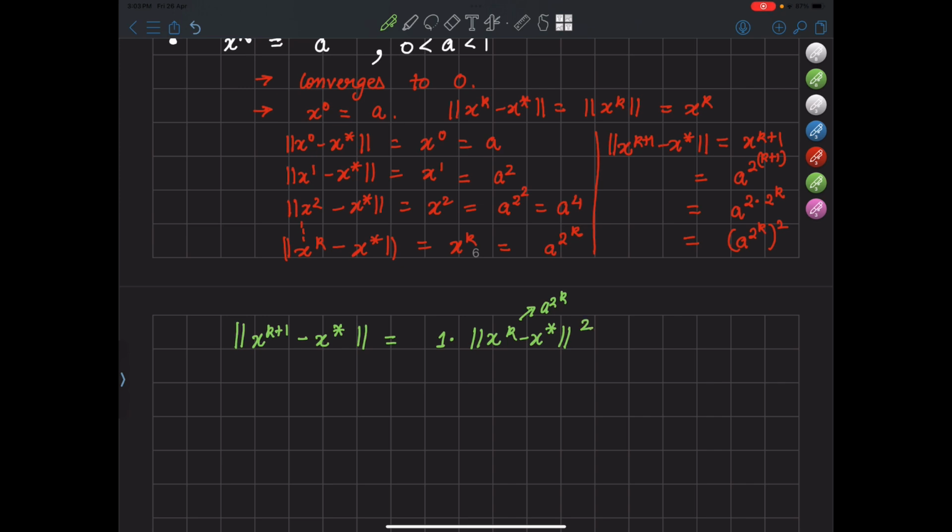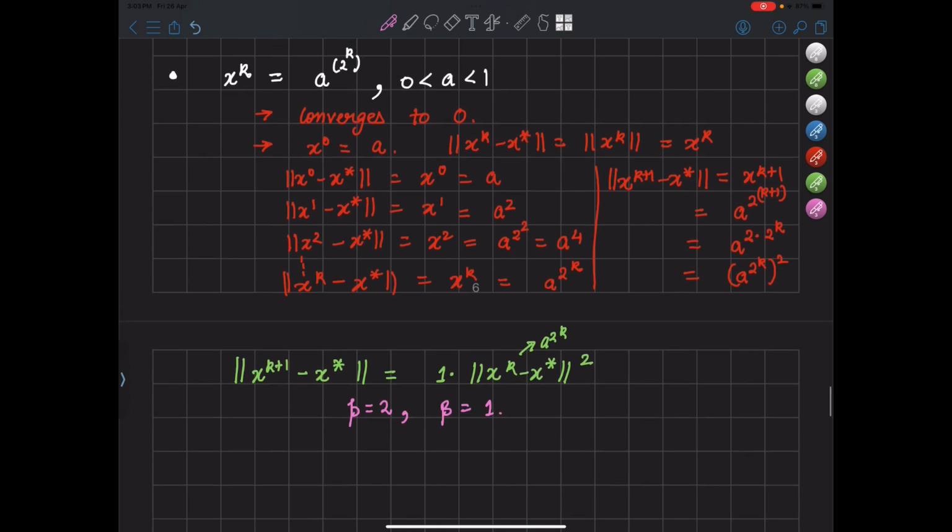So this is a quadratic convergence, where order is 2 and beta is 1. So it converges to 0 quadratically with beta equal to 1.